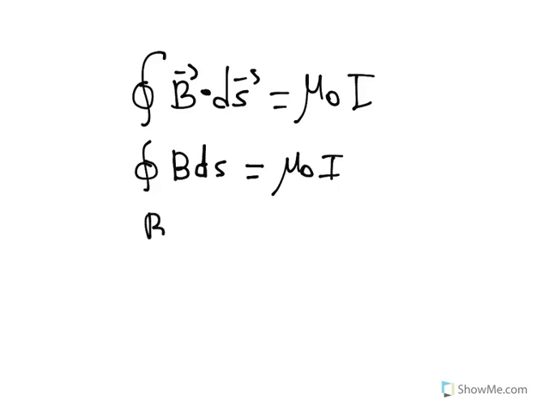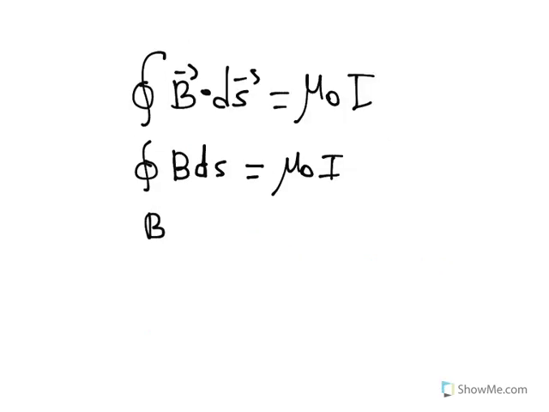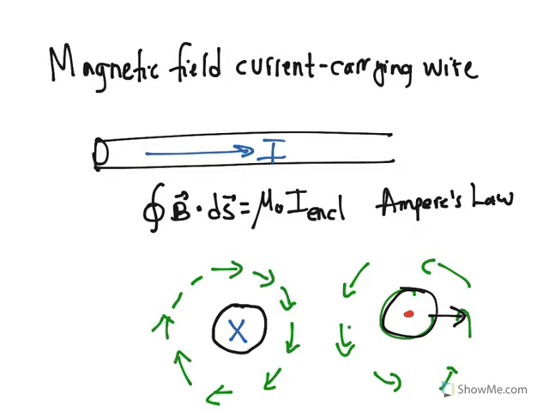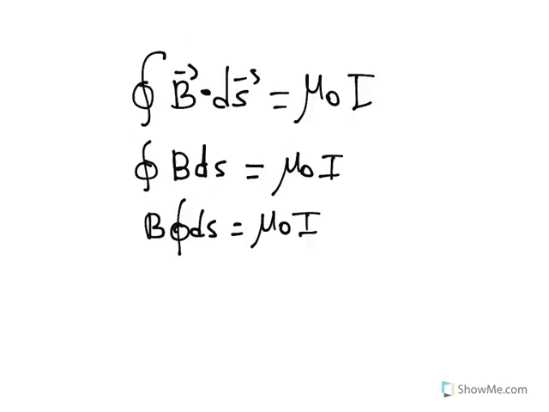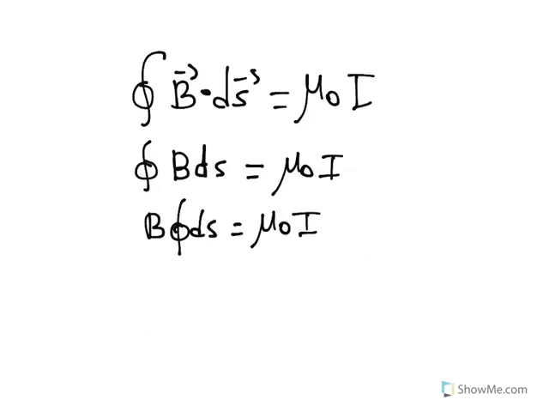And then B is the same at this radial distance. So in this case it is B times the closed integral of ds, and the Amperian surface, or the Amperian arc, in this case is the arc of a circle. So the Amperian arc is this circle at a certain radius.